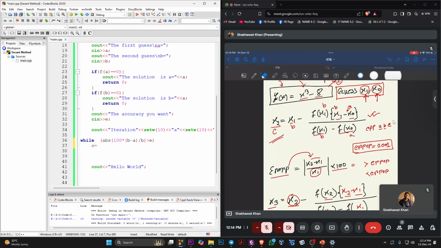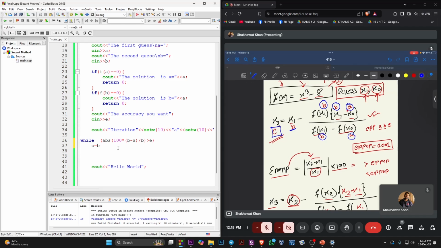I'm just marking it out with my blue pen. This is my C value, which would be B minus f of B into B minus A divided by f of B minus f of A. Okay, so I'm just writing this equation here.